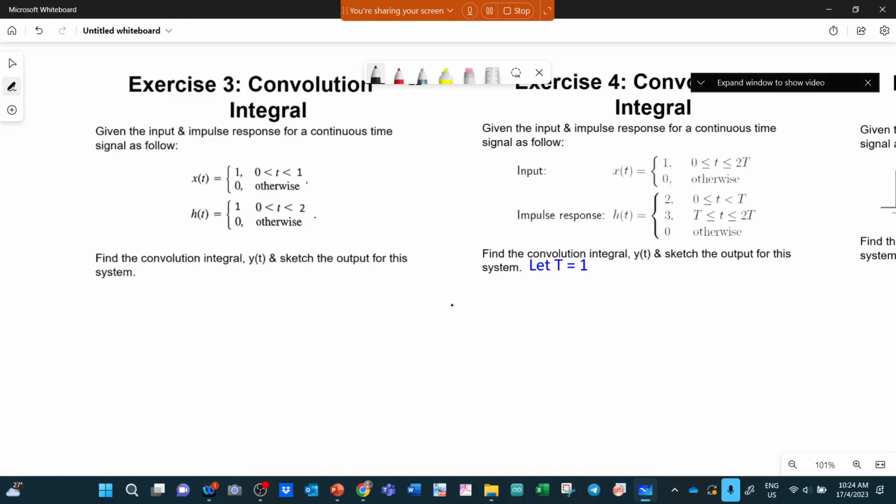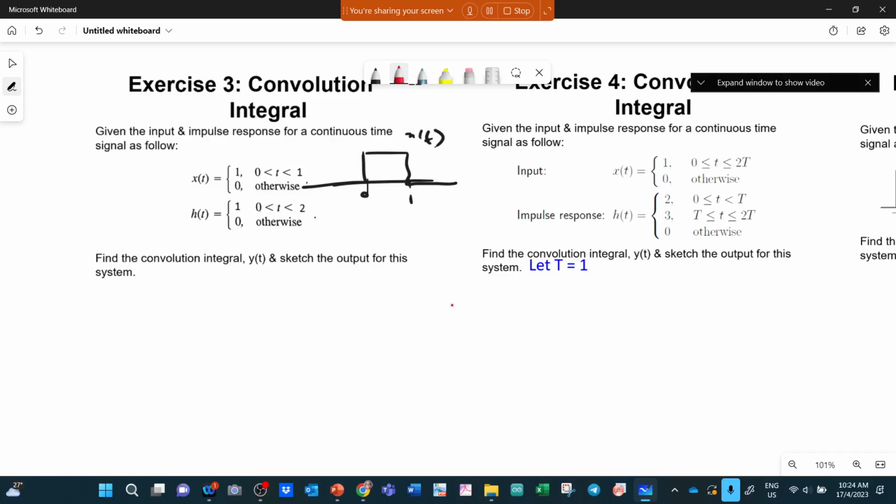So you know that first step is that you want to determine which signal is the simplest. Kita draw je lah kat tepi ni. From 0 to 1, the amplitude is 1, the rest is 0. So this one is x(t).